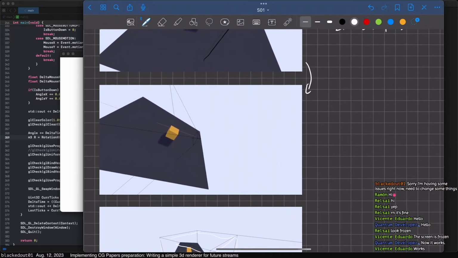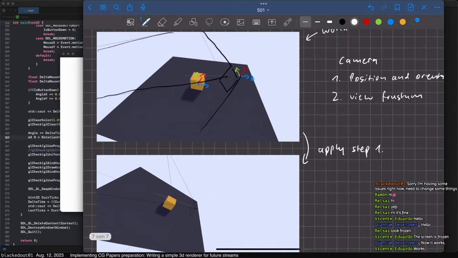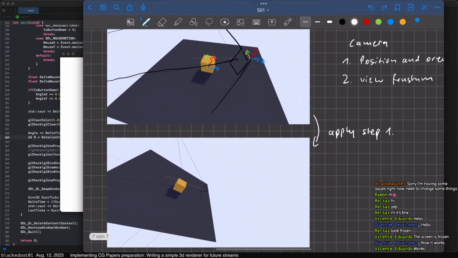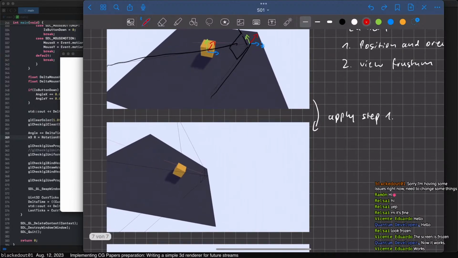So this is applying step 1, the position and orientation of the camera. And after this step, the coordinate space of the camera is now the unit coordinate system.